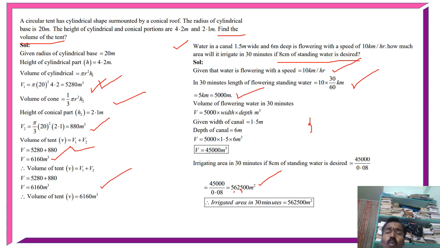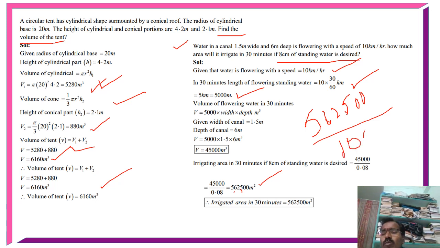As we know, 1 hectare equals 10,000 meters square. So 5 lakhs 62,500 into hectares, divide by 10,000, we get the value in hectares.